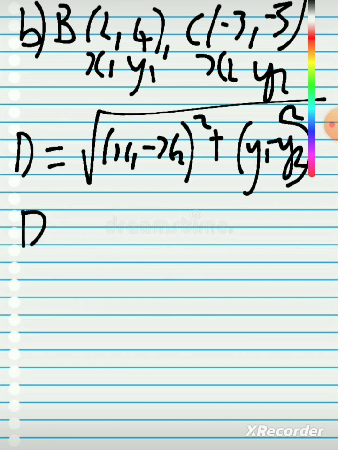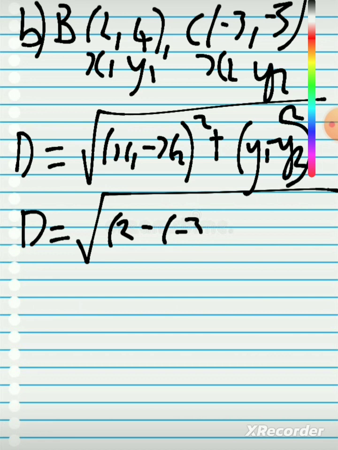Okay, so distance will be square root of x1 is 2 minus x2 is negative 3. So you put it in brackets, don't forget that, power 2 plus y1, y1 is 4 minus y2, put it in brackets, which is negative 5. You close the bracket, you close the other bracket, power 2 outside there.